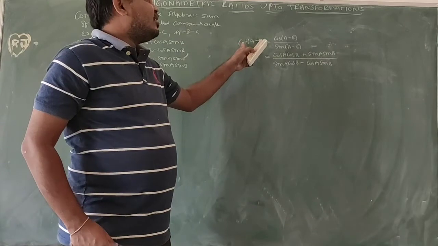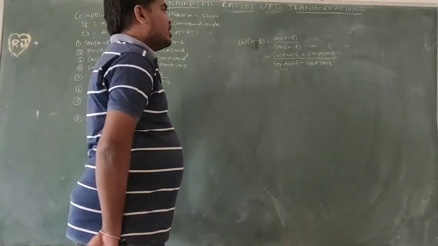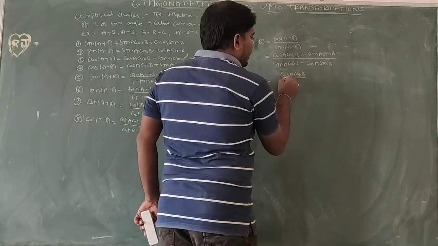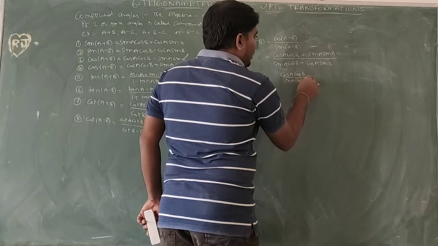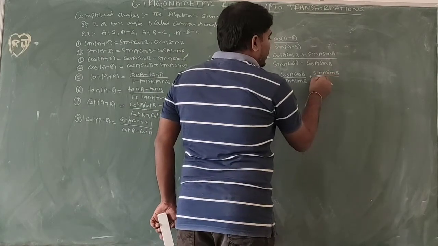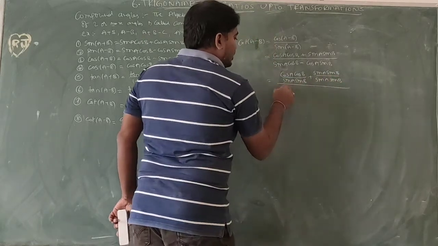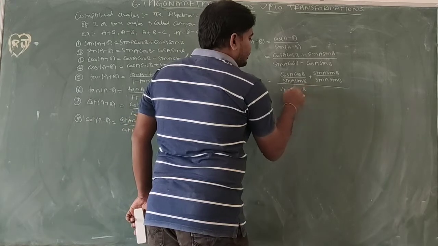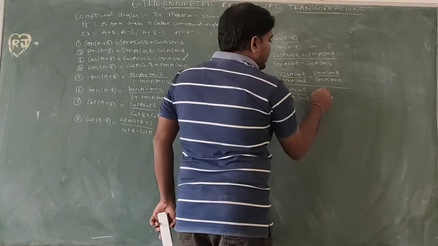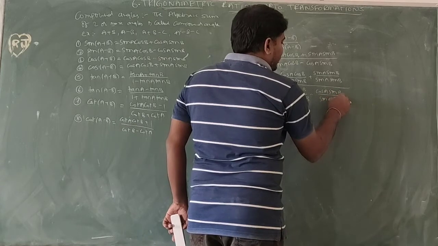In terms of cot, we need to convert entirely in terms of cot, so divide with sin A sin B. So cos A cos B by sin A sin B plus sin A sin B by sin A sin B, and entirely divided by sin A sin B: sin A cos B by sin A sin B minus cos A sin B by sin A sin B.